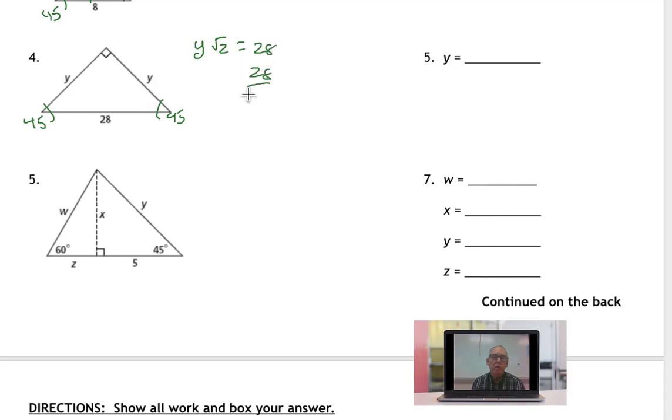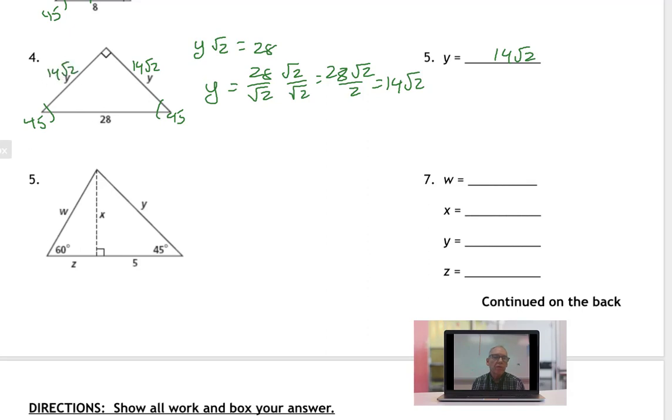So 28 divided by square root of 2 is going to be y. Rationalize the denominator. Get 28 root 2 over 2, which is 14 root 2. So y is 14 root 2.